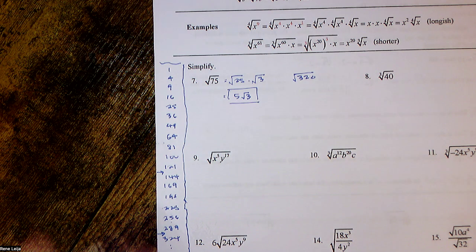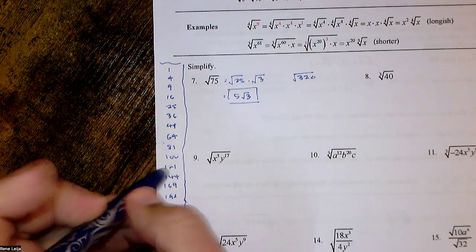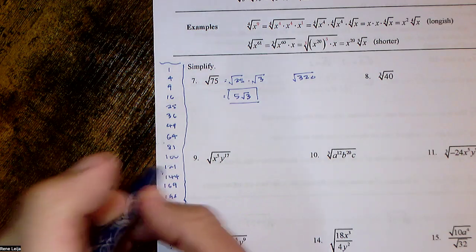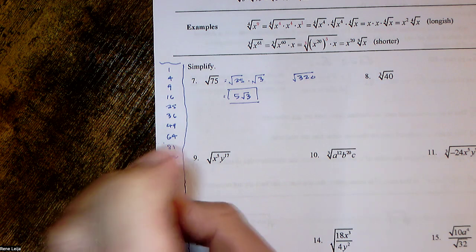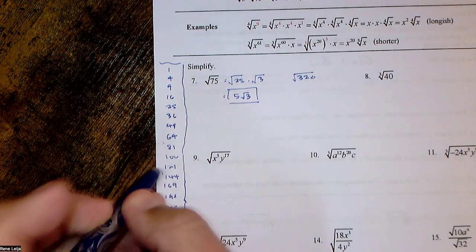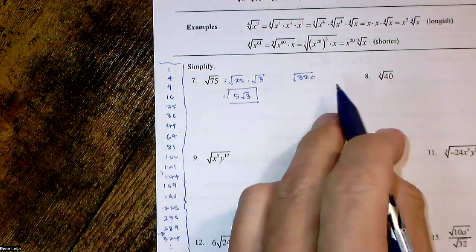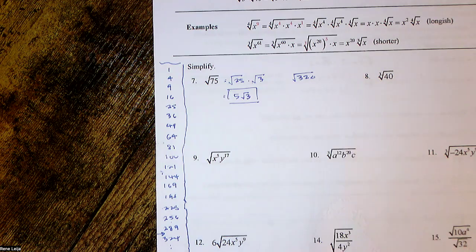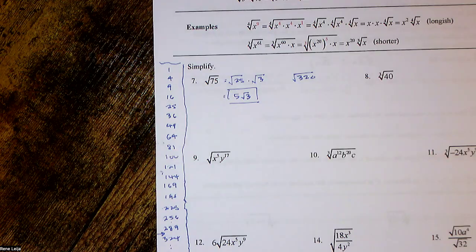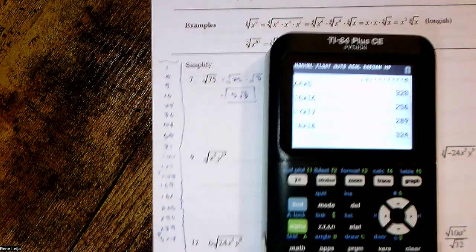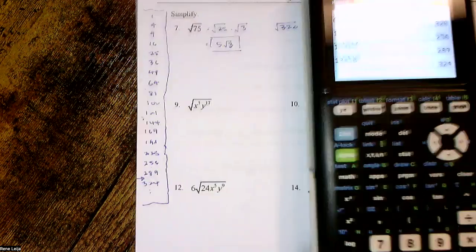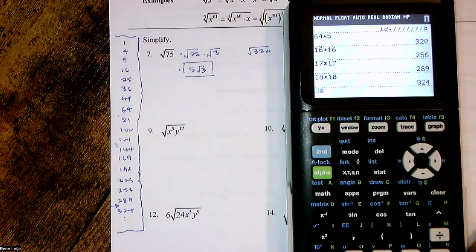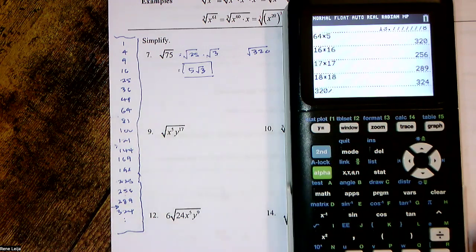So now I want to start dividing by these numbers until I find the largest perfect square, instead of having to do 1 and 320, 2 and whatever that is, 3 and whatever that is. Since we have our list of numbers, we're just going to take 320 divided by 289.